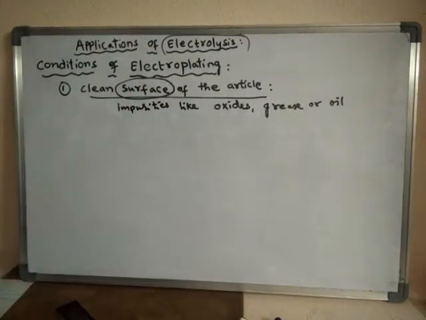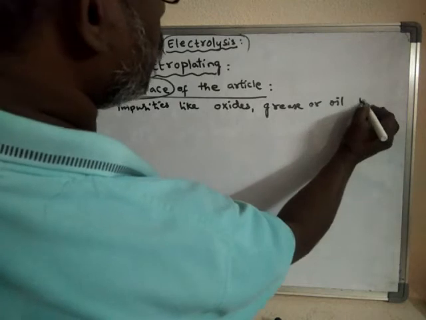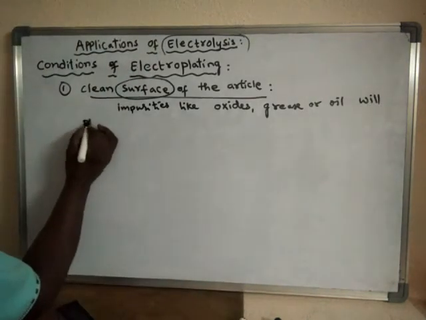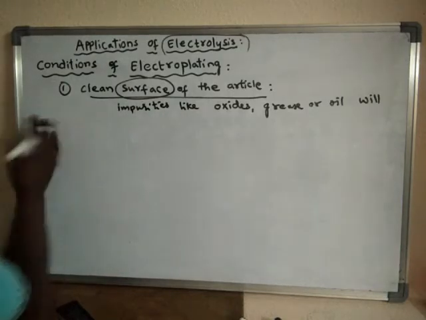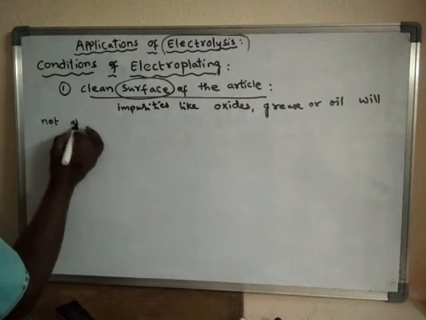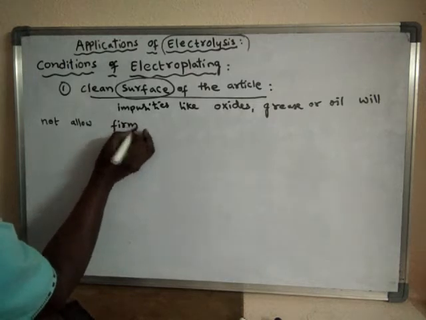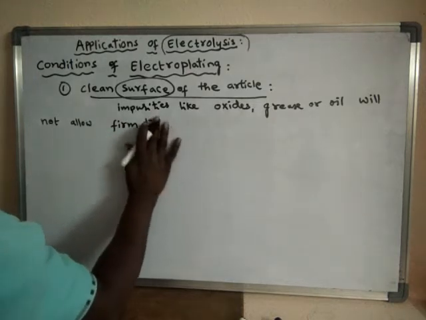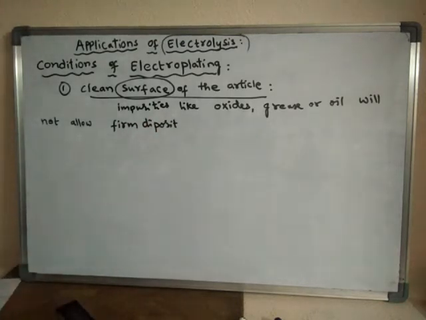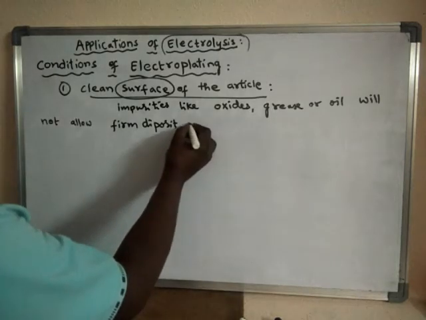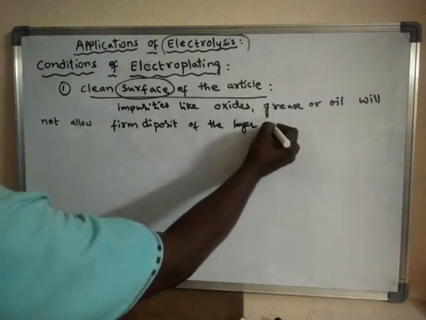So the surface should be clean. What happens when these impurities are present? They will not allow a firm deposit of the layer on the article.